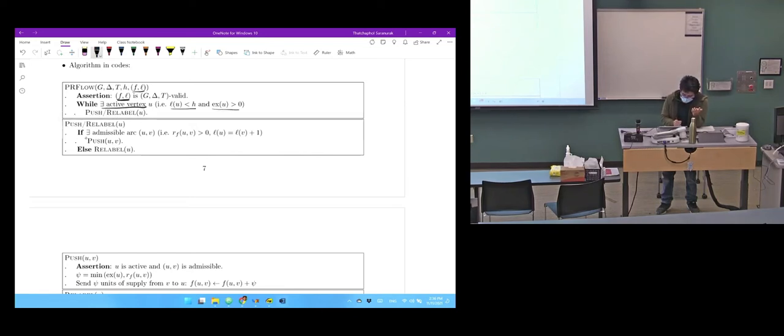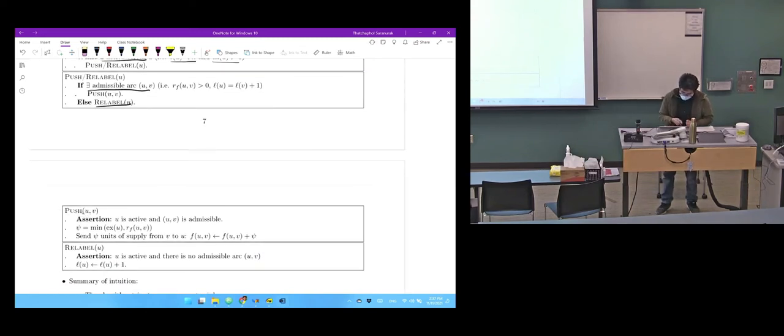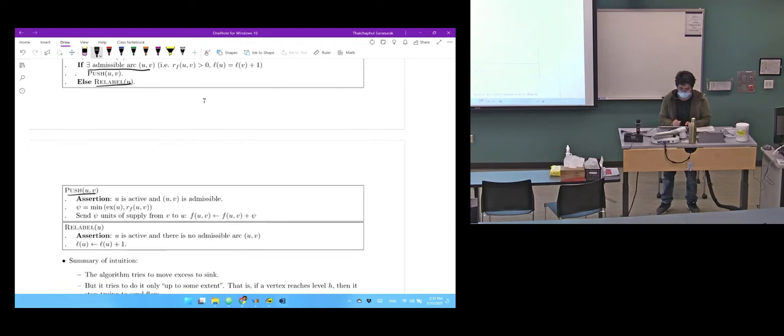And whether to push or to relabel is just whether there is an admissible arc from U. If there is, from U to V, just push from U to V. Otherwise, relabel. And by pushing, how much should I push? Here is how much. You will push as much as the excess that you have, but cap this by the residual capacity of the edge.